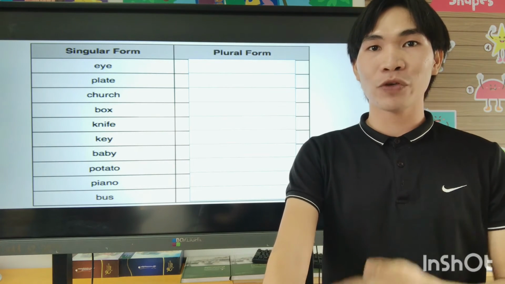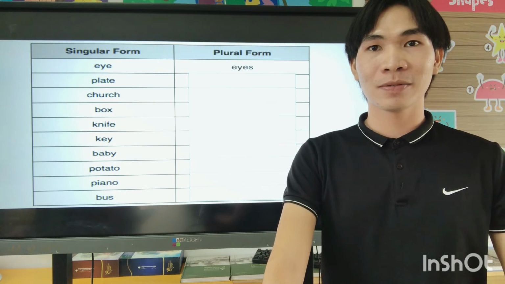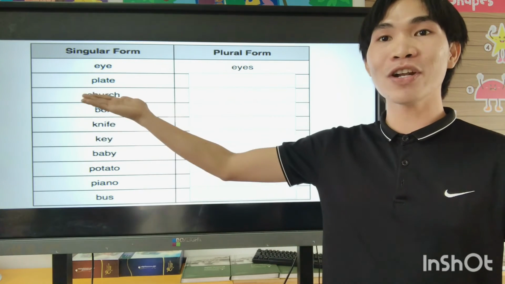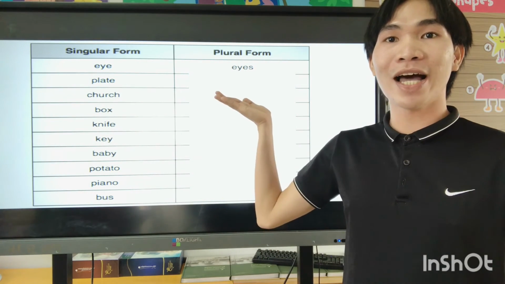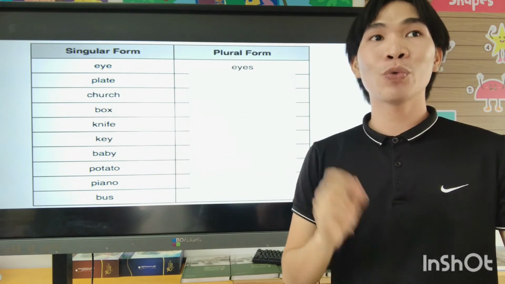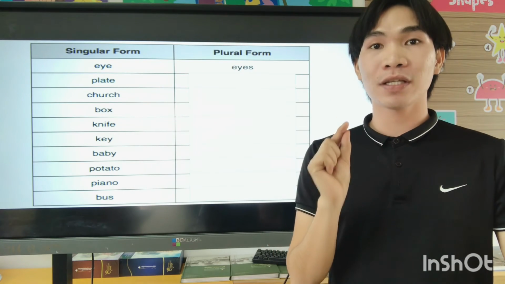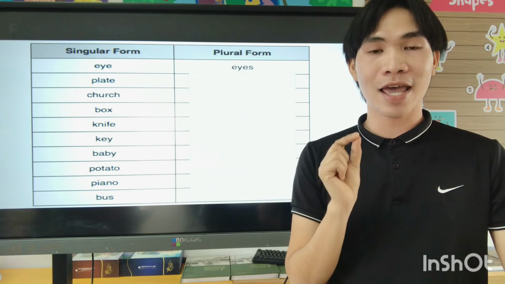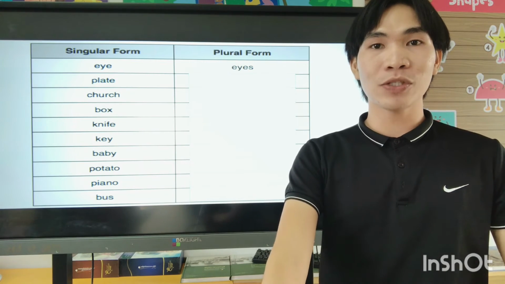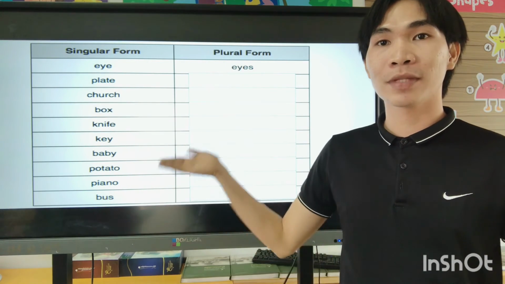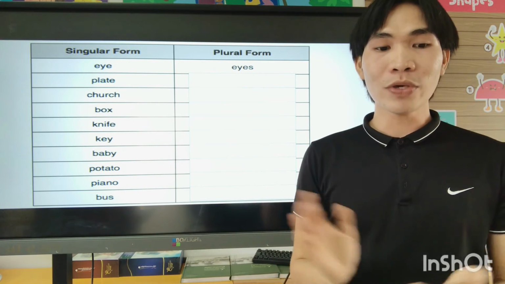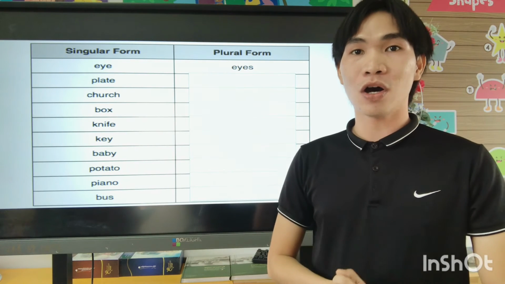Okay, let's see if your answer is correct. So, singular eye, plural eyes. So we applied the first rule, which is add S. Now let's proceed to the next word, which is plate. What do you think is the plural form of the word plate?